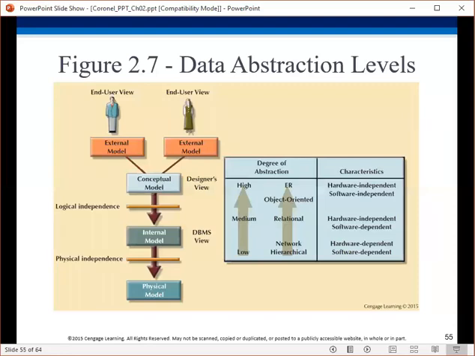So we have various levels of data abstraction. The physical model is extremely concrete. You're choosing a vendor. That vendor has a specific way of storing data on a disk. Then you have the internal model, which is the logical model of the database.